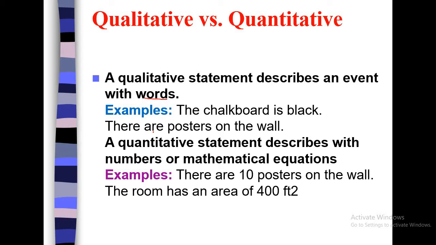A quantitative statement measures quantity, described with numbers or mathematical equations. Like what? There are 10 posters on the wall, so 10 is a number, and this is a quantitative statement. The room has an area of 400 feet. This is quantitative, a measure, a number.